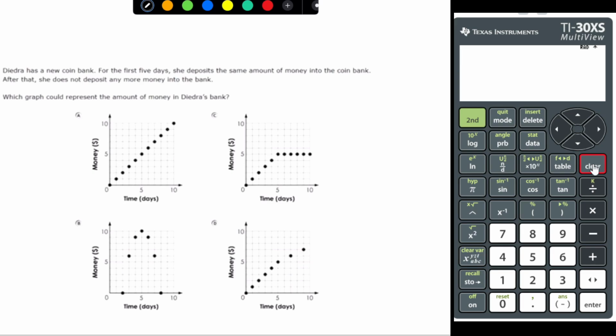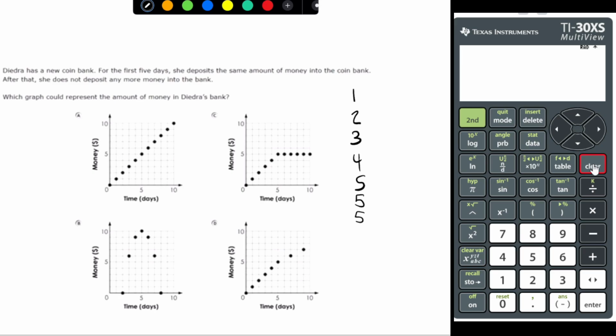Okay, so if you deposit, let's say you're depositing $1 into your bank every day for the first 5 days. You're going to start with $1. Then you're going to go to $2. Then you're going to go to $3, $4, $5. And then you stop after 5 days. Is your money in the bank changing? No, because you're not adding any new money.